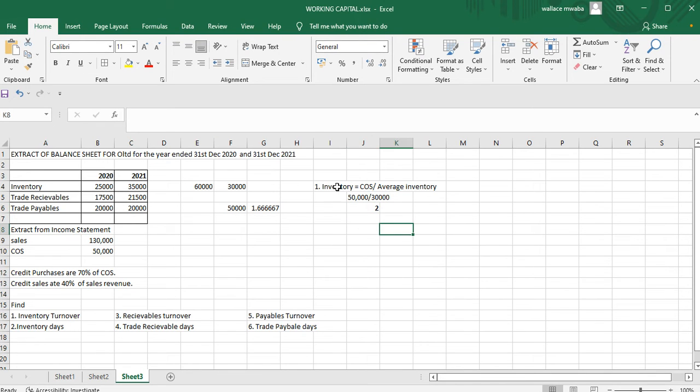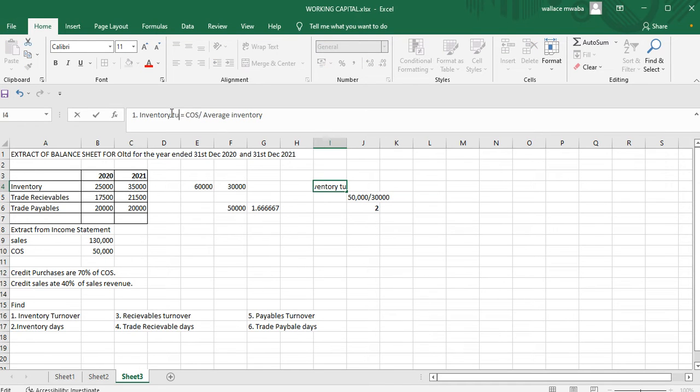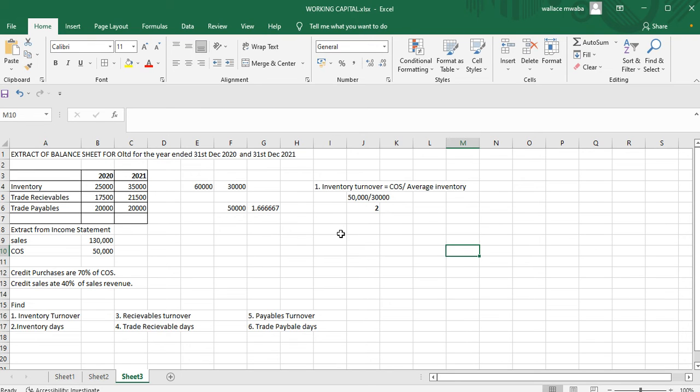Then after we get our inventory turnover, I want to get our inventory days. So now we want to get our inventory days. Another way you can find inventory days is inventory days equals 365 divided by inventory turnover.